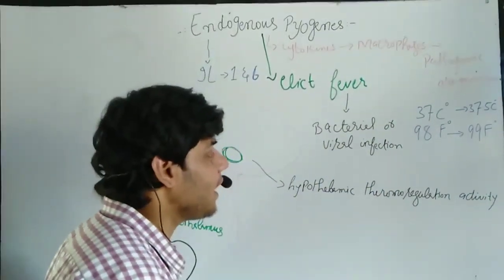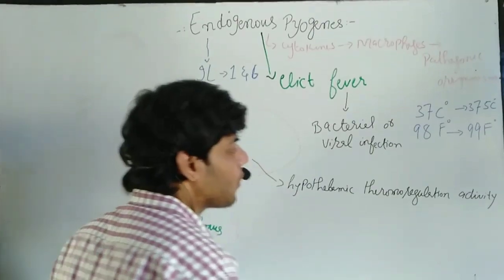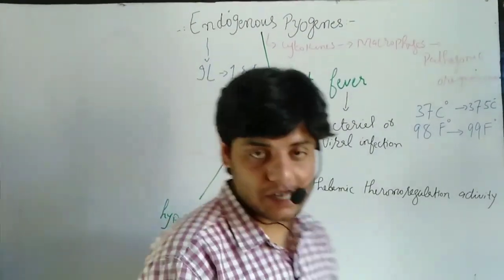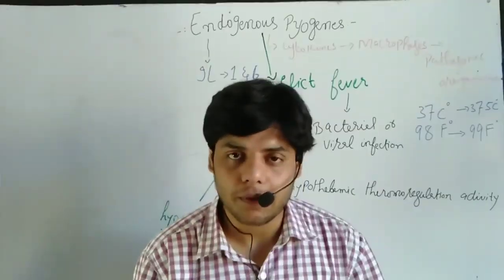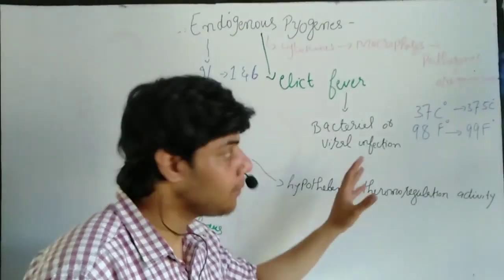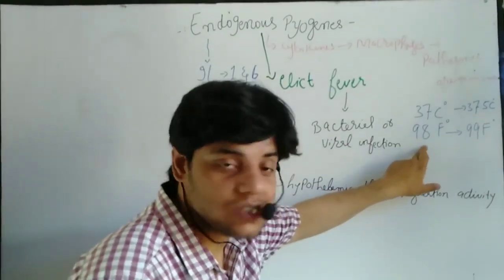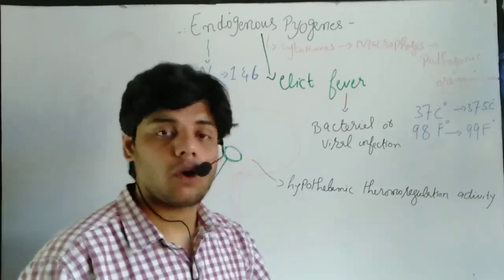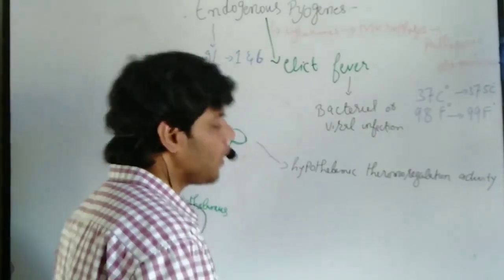Now these bacteria and viruses can disturb this hypothalamic thermoregulation activity. Once it is disturbed, the fever happens, and in this case the temperature is high. Okay, now during fever what actually happens?